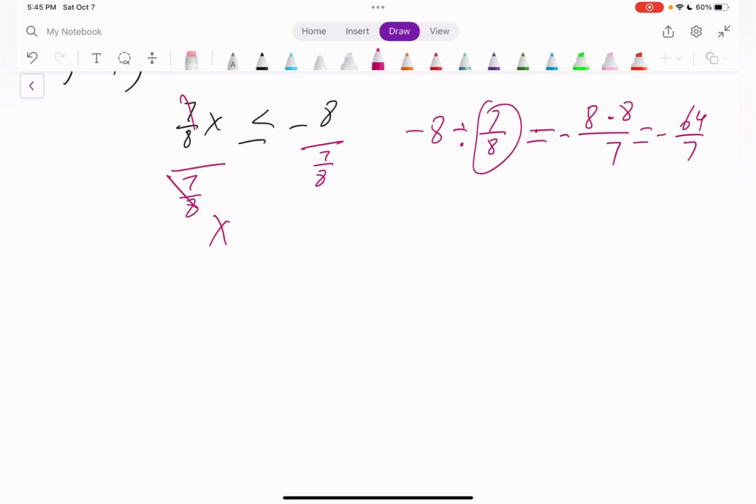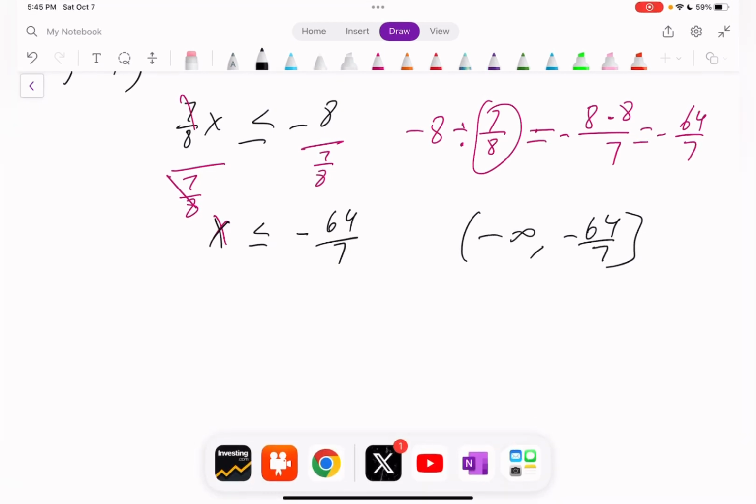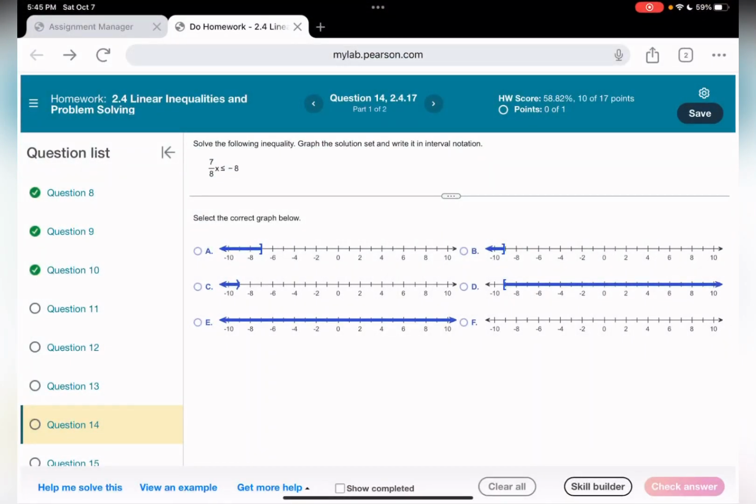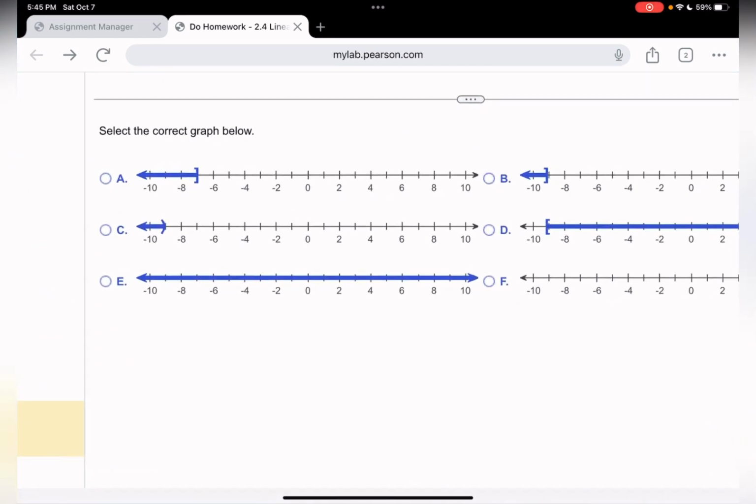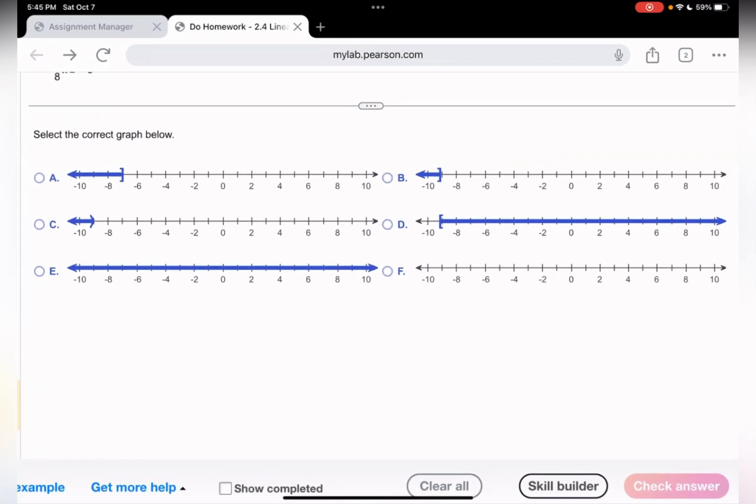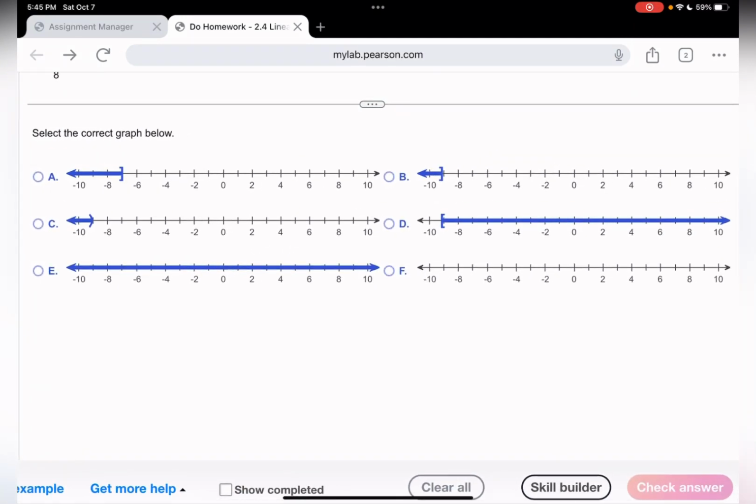So from here, x is less or equal negative 64 over 7. Right? It's going to be negative infinity, negative 64 over 7, square bracket. 64 over 7, how much is it going to be? 9 and 1 over 7, right?